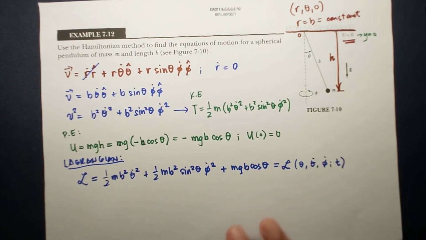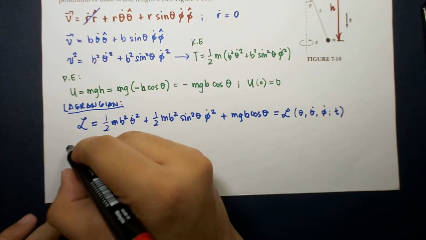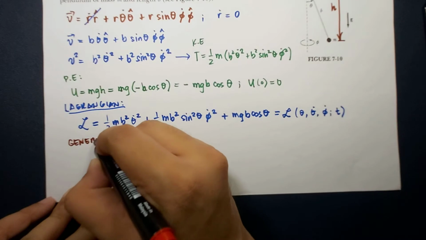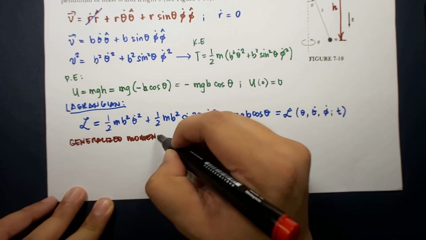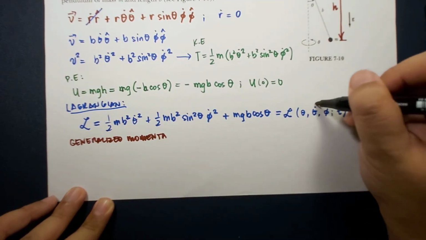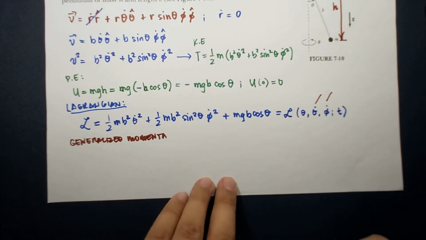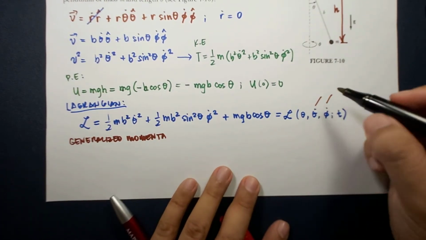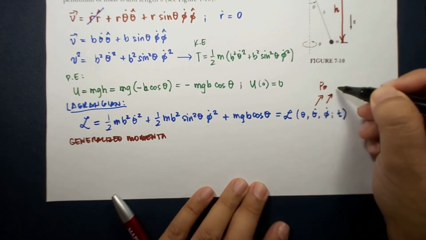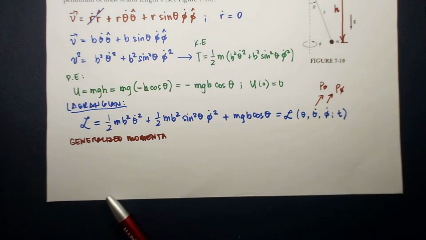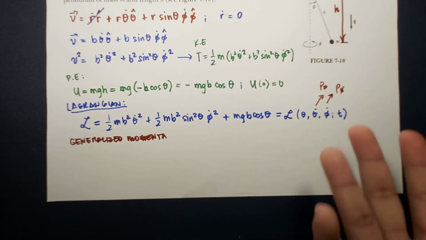Therefore, from the Lagrangian, we can now get the generalized momenta. It's momenta because we now have two generalized coordinates, or 2 degrees of freedom. This will give us p theta and p phi. Remember that when we calculated the generalized momentum for a plane pendulum, we ended up with the usual angular momentum.